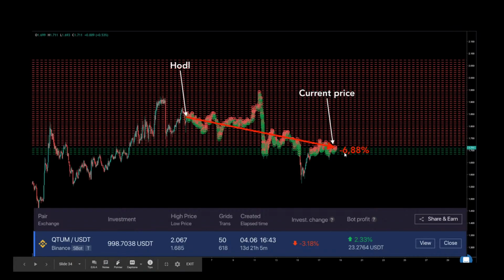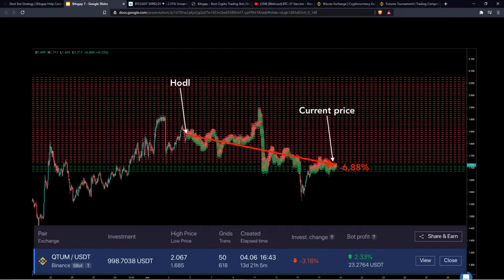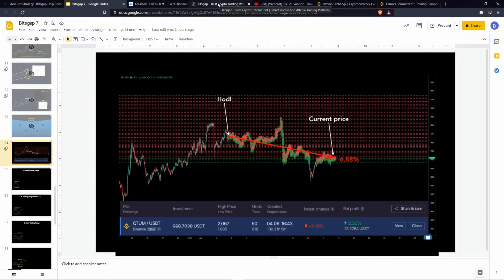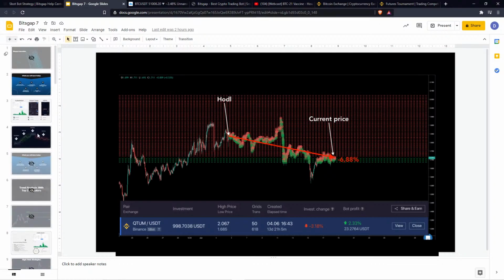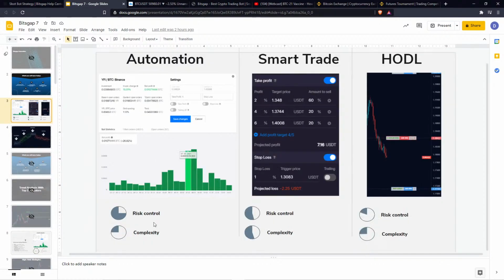Okay, and this is an extra point to automation, which explains why automation in terms of risk control is the best solution. If you want to have the least risk exposure on the market, then stick with the automation. And starting with automation, I would say that's one of the best decisions that you would ever make when you decided to trade cryptos.